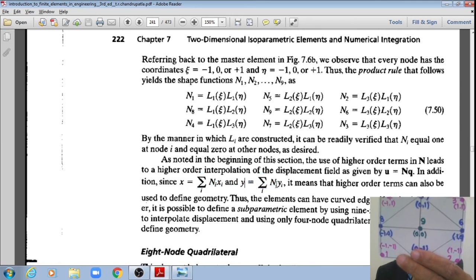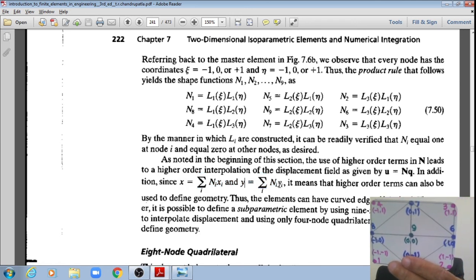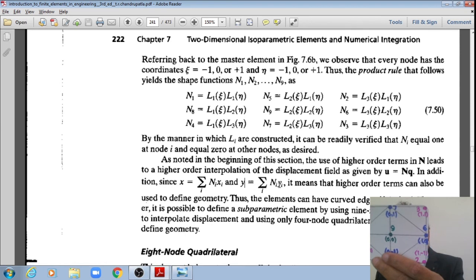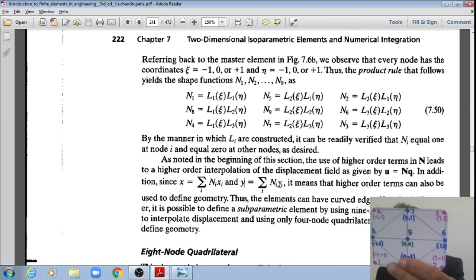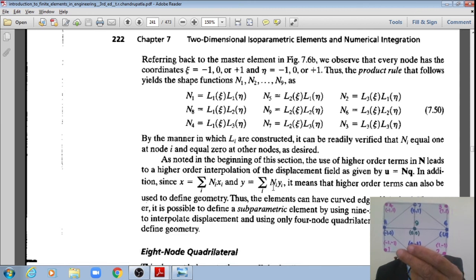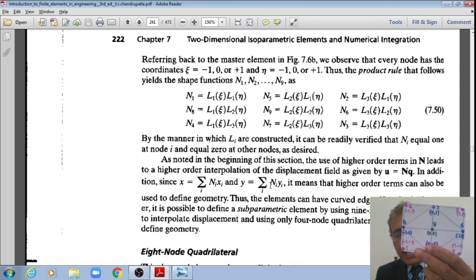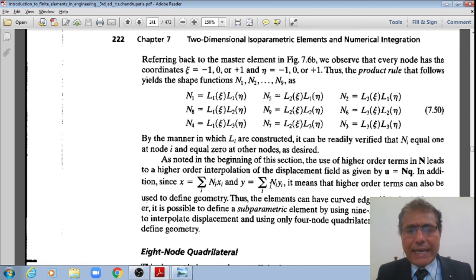Similarly, y is equal to N1 y1 up to N9 y9 for 9 node quadrilateral, and y is equal to summation of N1 y1 up to N8 y8 for 8 node.